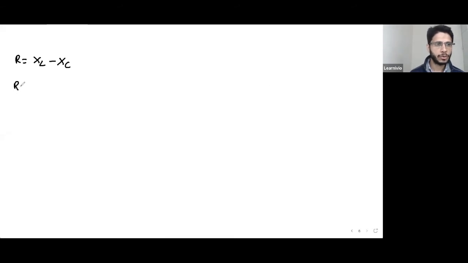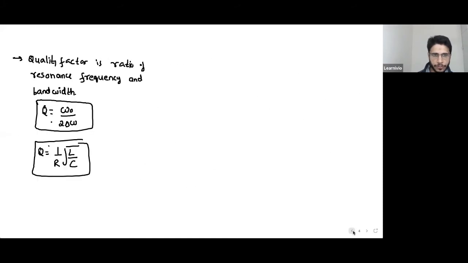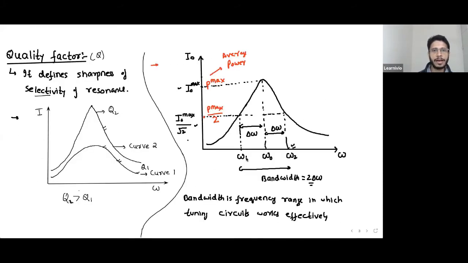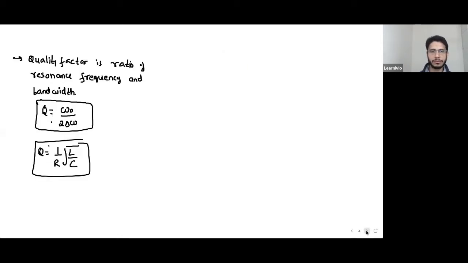Next, what we can do is substitute your XL as omega 2 L, and your XC is 1 by omega 2 C. In the next step, you can write your omega 2. From the figure, it's clear that omega 2 is omega naught plus delta omega. You're adding delta omega to omega naught.